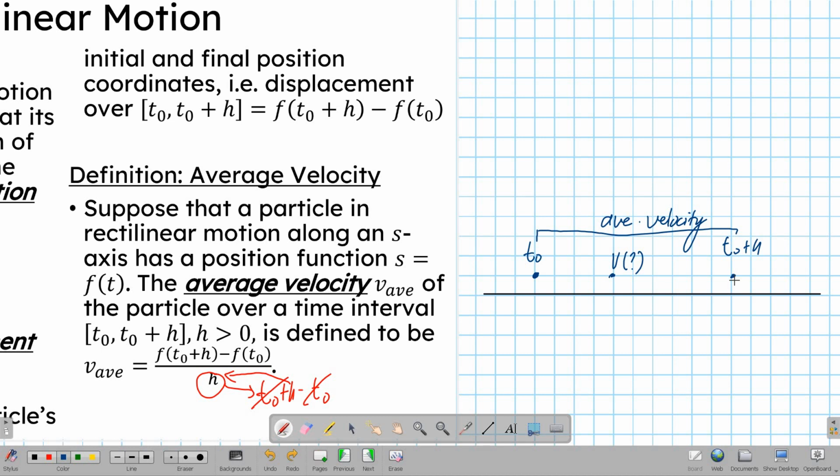Although I've been interchanging velocity and speed, remember that speed doesn't have direction, but velocity has direction. But they both tell how fast an object moves. But again, this is average. Since we know the derivative, we can know in particular the instantaneous velocity of an object at a specific point.